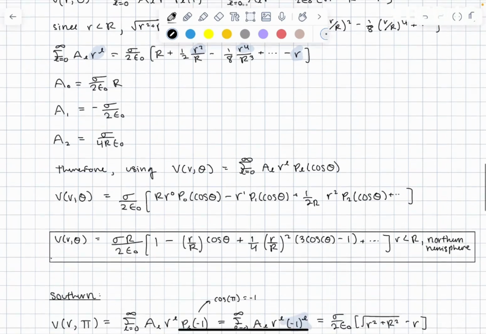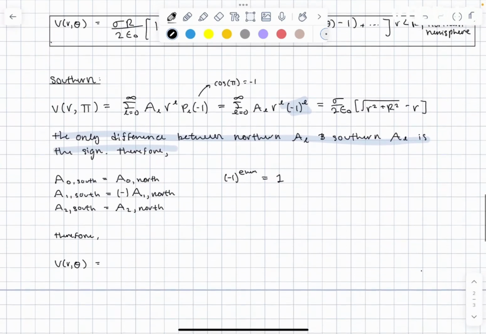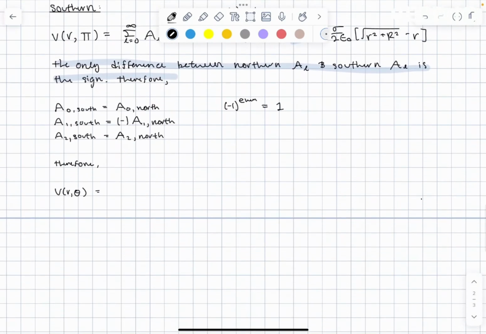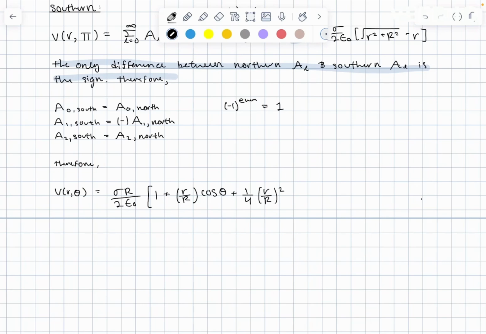We can just compare those, and therefore we can just say that our potential at any r and any theta is going to be equal to sigma times big R over 2 epsilon naught times 1 plus little r over big R cos theta plus 1/4 little r over big R squared times 3 cos theta minus 1.